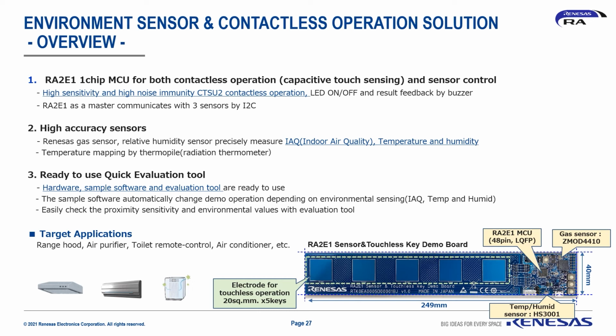Concerning the electrode design, as you can see, the electrodes are about 20 centimeters square, and we have 5 electrodes to control the design. We can also see the active chip design.